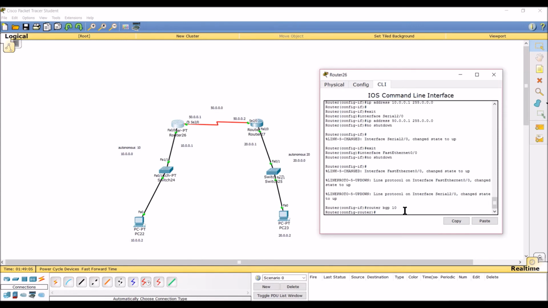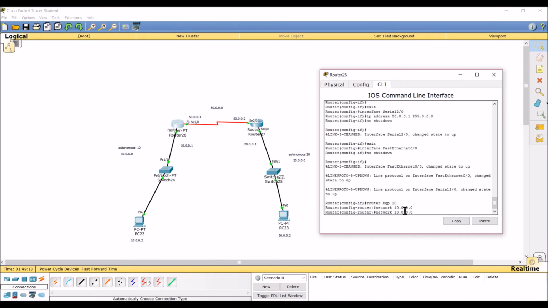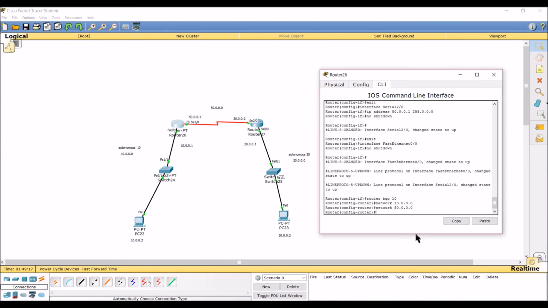Okay, now network 10.0.0.0. This router is in the networks 10.0.0.0 and 50.0.0.0, as this FastEthernet 0/0 is in the network 10.0.0.0 and this serial port is in the network 50.0.0.0.